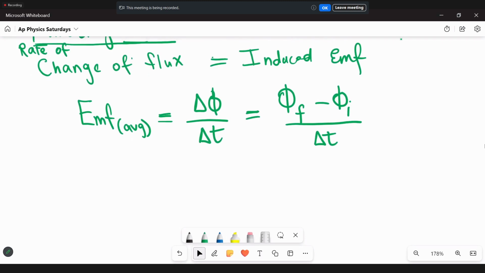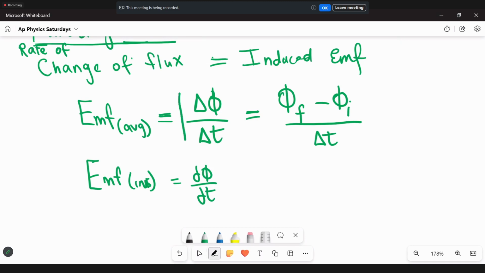Then I told you that the EMF instantaneous, if you want to know how much EMF was there exactly at 2 seconds, EMF instantaneous will be equal to d phi by dt.